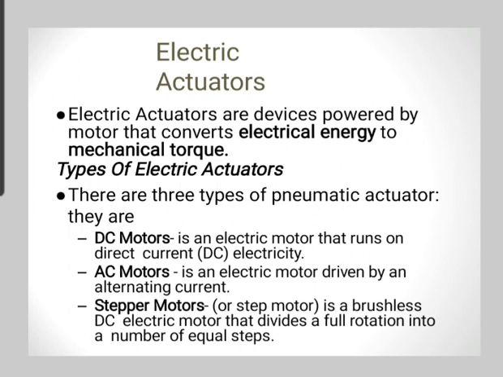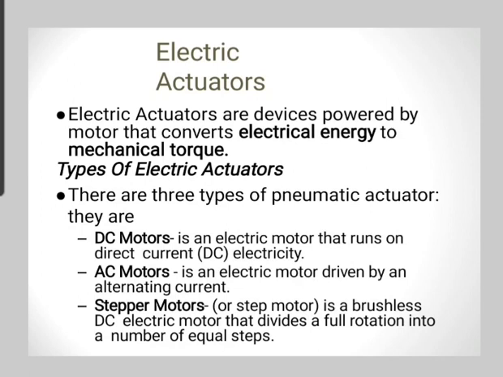Now there are different types of DC actuators like DC motors, DC gear motor, RC servo motor, stepper motor, BLDC motor, that is brushless, smart servo motor, harmonic drives, linear electric actuators. An example of a DC actuator is the DC motor.